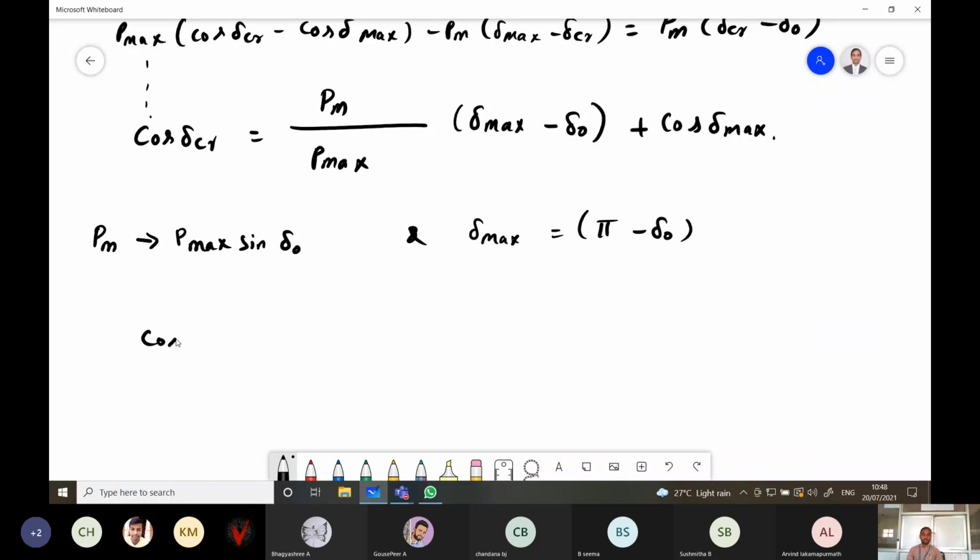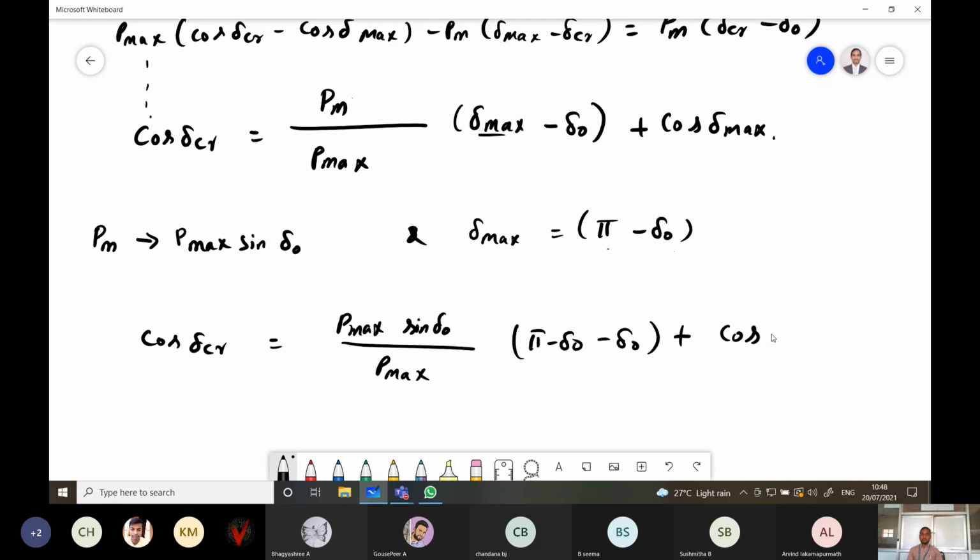Then cos of delta CR is equal to, in the place of Pm, we write Pmax sine of delta naught, divided by Pmax, into, in the place of delta max, we substitute pi minus delta naught, minus delta naught, plus cos of delta max, which you can write as cos of pi minus delta naught.